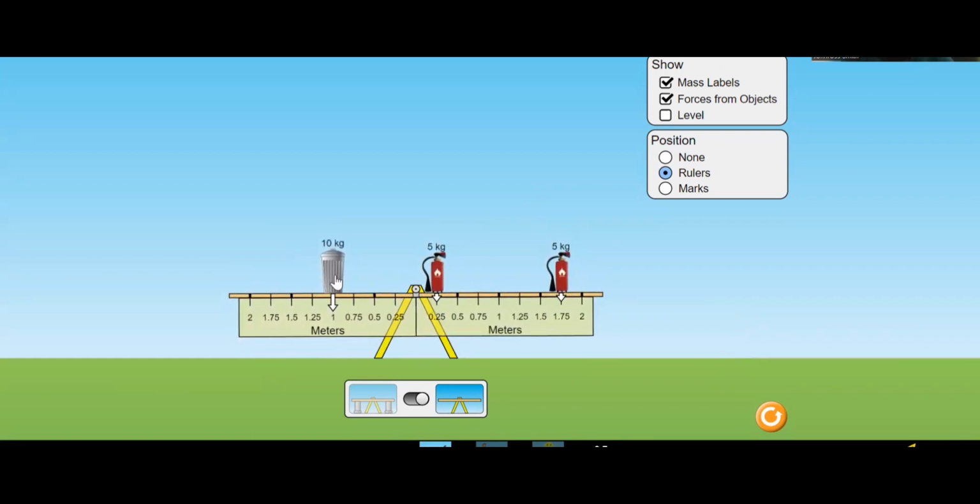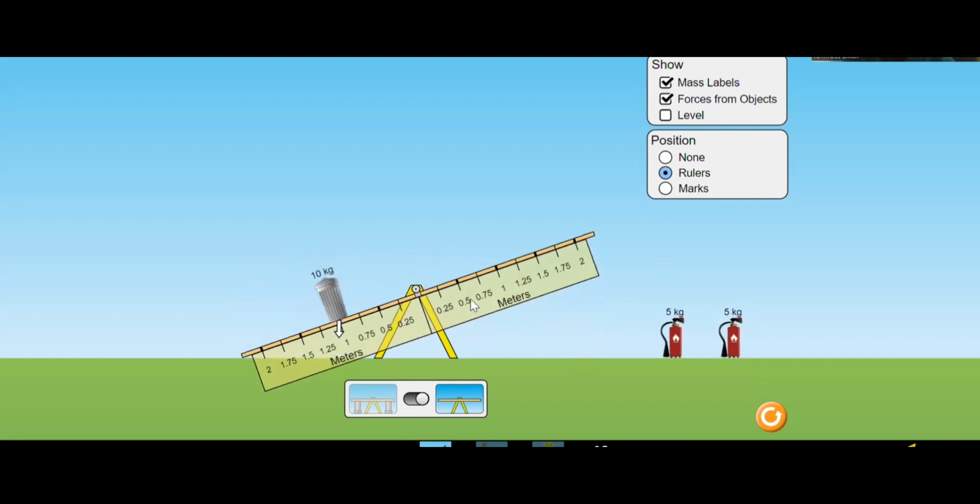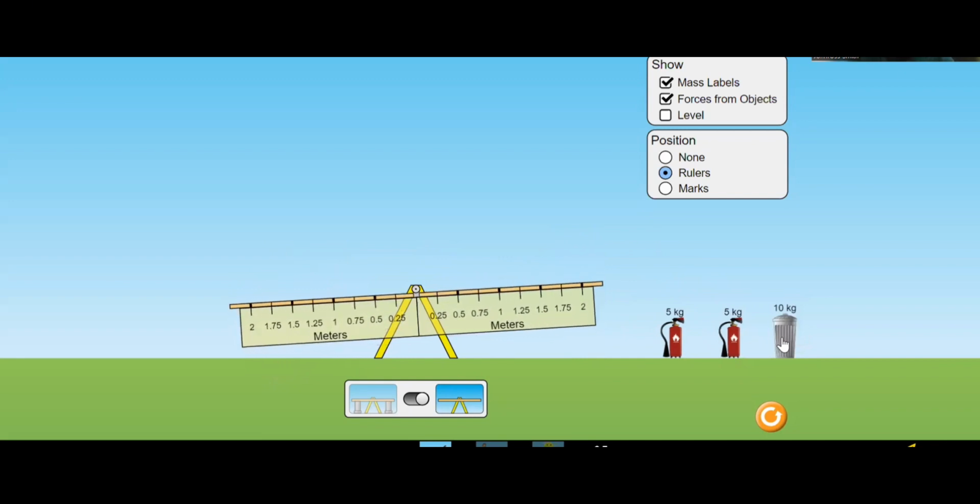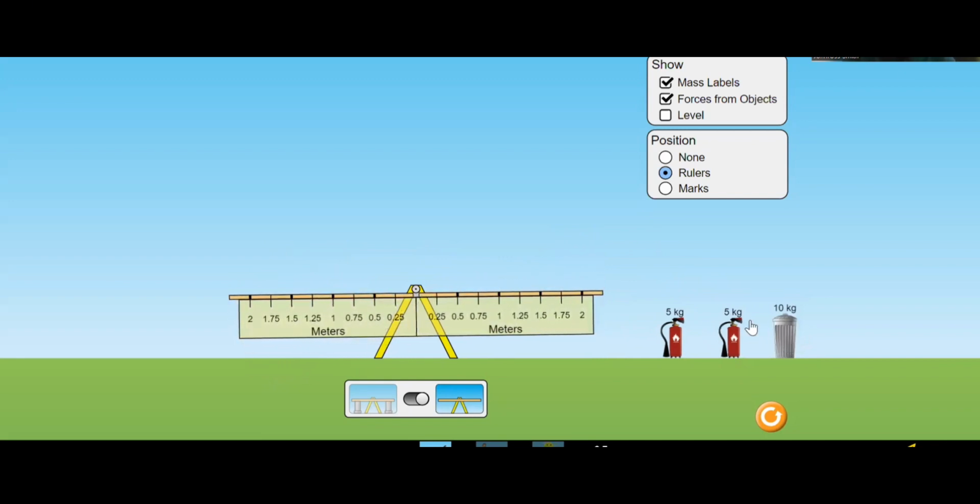So this 10 kilograms that's on the left side, rotating it anti-clockwise, is balanced off by the two 5s, one placed at 0.25 and the other placed at 1.75. So this shows us that the principle holds true regardless of what the forces are, once you can balance off the moments, which is a turning effect by each object.